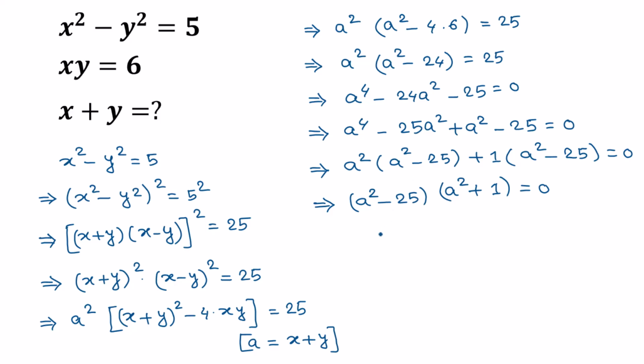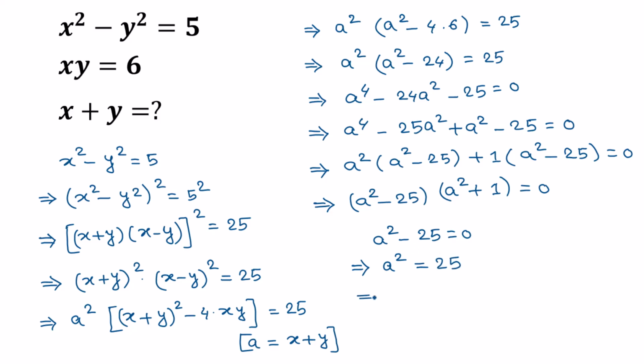So from here we can write a square minus 25 is equal to 0, or a square plus 1 is equal to 0. For the first condition, we get a square minus 25 is equal to 0. Taking this 25 to the right side, we will get a square is equal to 25.